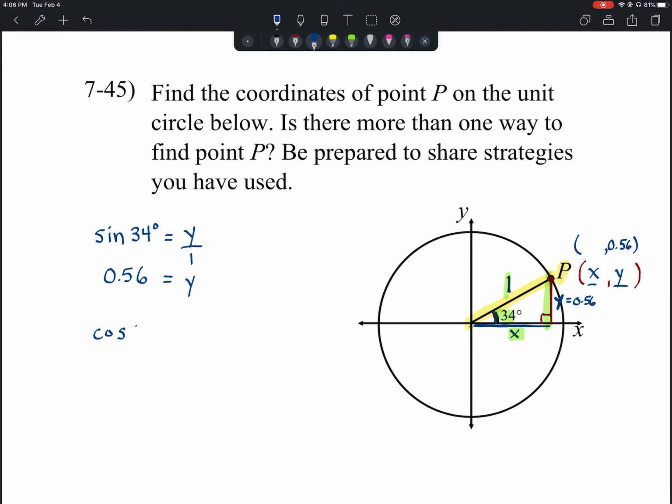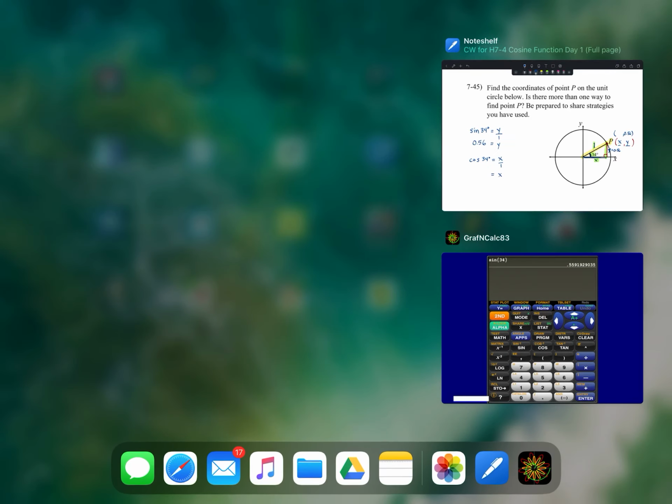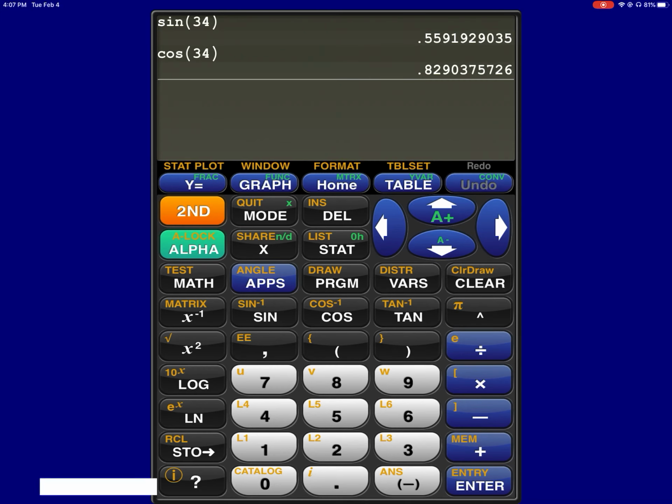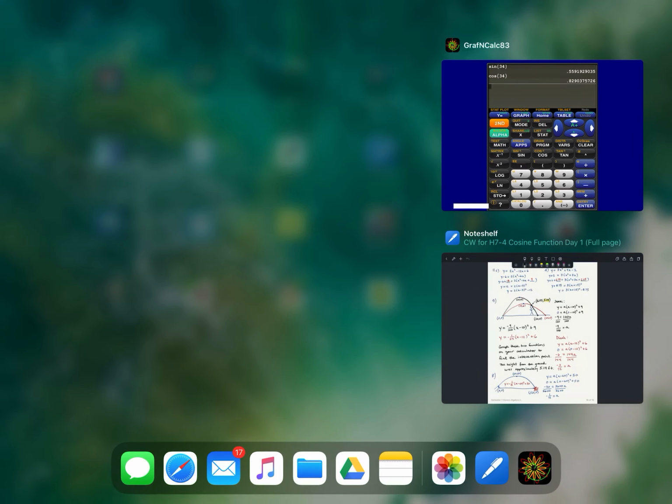We could say the cosine of 34 degrees is going to equal x over 1. And now we can go ahead and calculate that to figure out what our x value would be. Let's just do it on the calculator. We said that the cosine of 34 degrees is going to equal about 0.8290. So we'll round that to 0.83.